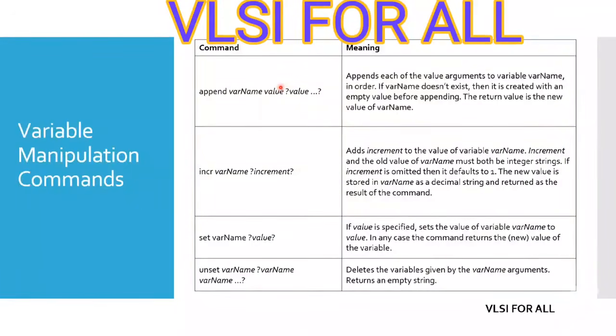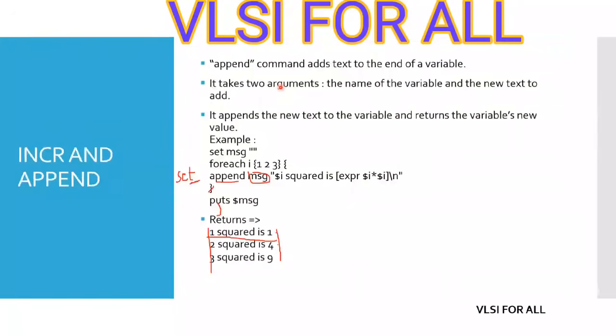Ma'am, in the place of append, if we use set, it will again show the error, is it? It will not show an error, but it would just forget whatever was set earlier. If you use set here, when it enters the loop the second time, it's going to forget 1 squared is 1. It's not going to store it. It will just set 2 squared is 4. It will not throw an error.